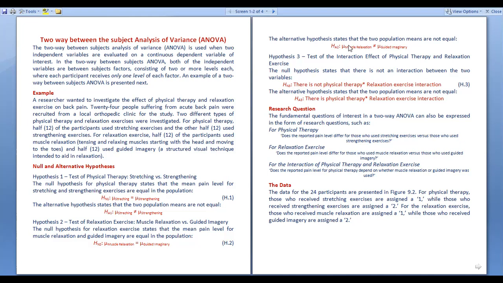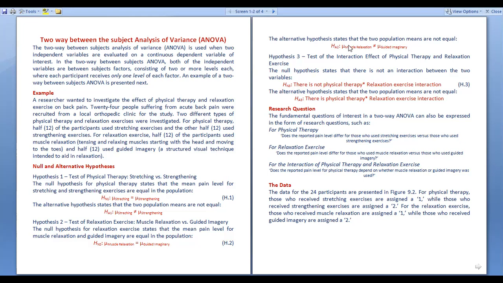We are trying to see whether the two categories in physical therapy have no different effect or a significant effect on the pain level. We have strengthening exercises and stretching exercises. So we have two types of physical therapies, and we are testing physical therapy, that is stretching versus strengthening.